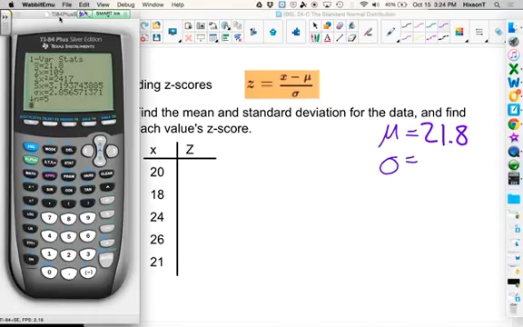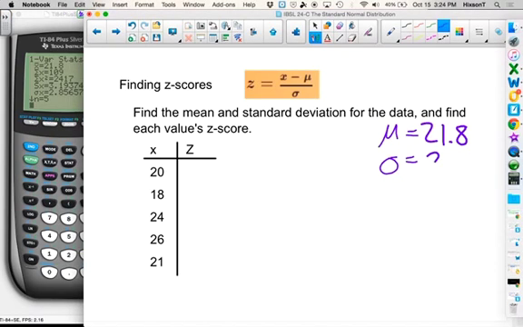If you use the STDEV function back in the list menu, it's going to give you this standard deviation, 3.19. That's not the one we want. We want 2.86 rounded to 2 decimals. So 2.86 is our standard deviation.